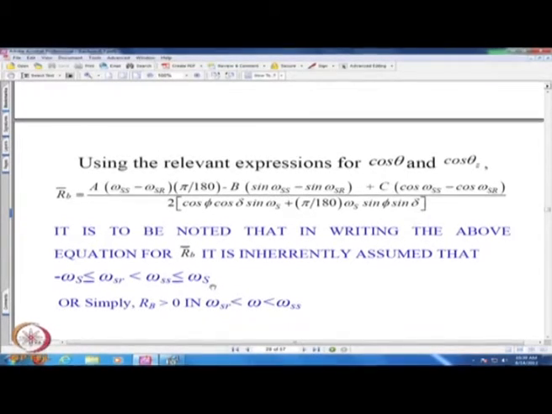Suppose my sunrise hour angle is 32 plus and sunset hour angle is 38 minus; then my integration procedure would give me a wrong value. Or simply, what it really means is R_b should be positive in the interval of my integration. If by chance R_b turns out to be negative during omega_SR to omega_SS, there will be a negative contribution, which may subtract even though there is otherwise some positive contribution, and it may lead to an underestimate or maybe even an overall negative quantity.